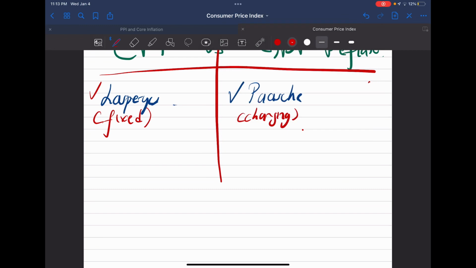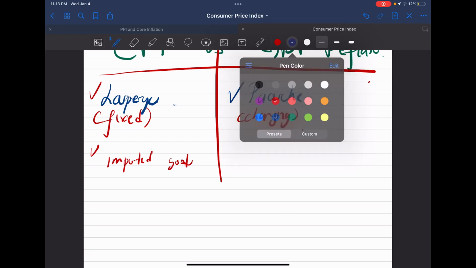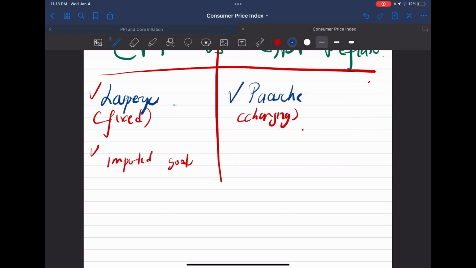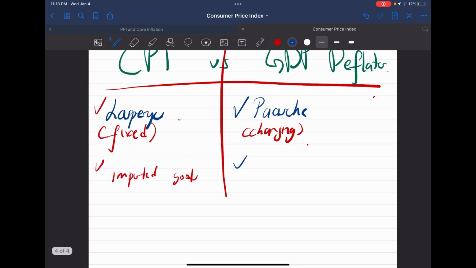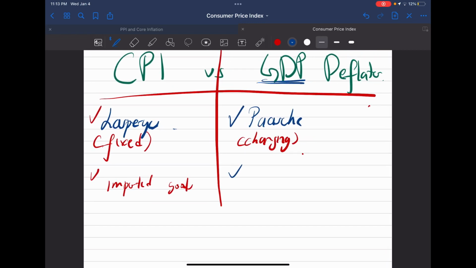Next is that the CPI includes imported goods, because it's the goods and services purchased by a typical consumer. Note here it is about the consumer point of view, while the GDP deflator, as it's the GDP, just sees the goods and services which are domestically produced.